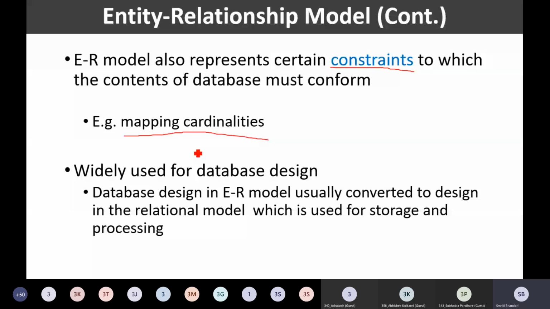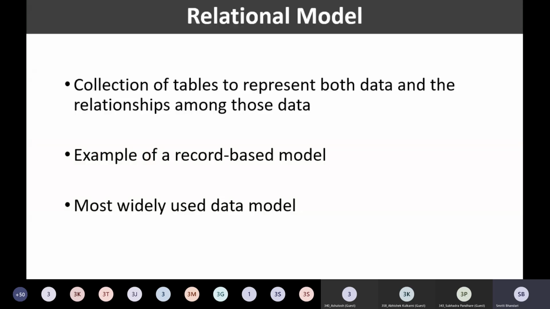So let us proceed now with the relational data model. The relational data model is a collection of tables to represent data as well as the relationships among those data. What do we mean by that? In the ER model, we had two entity sets and one relationship.